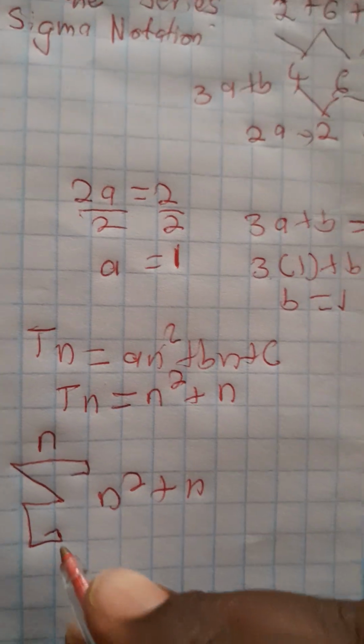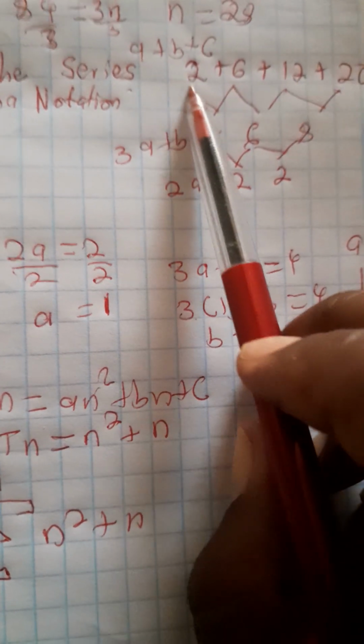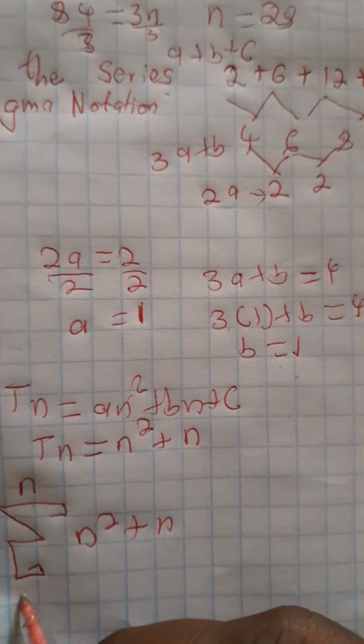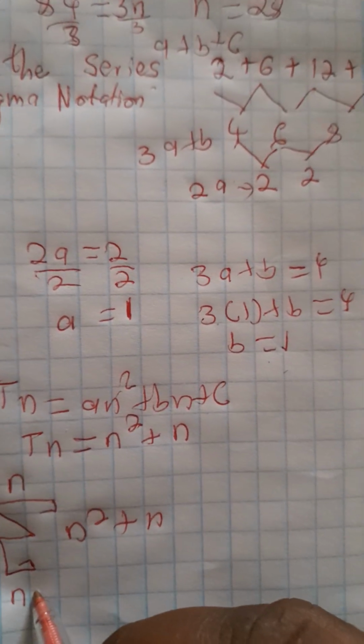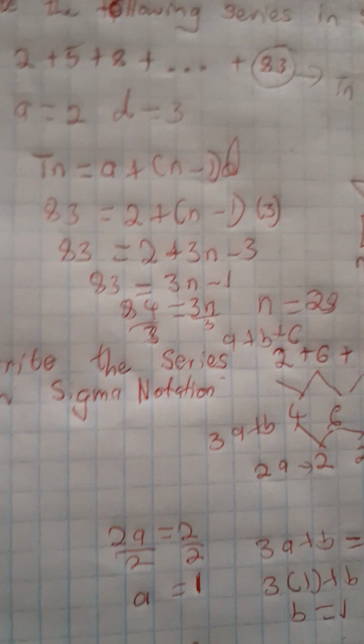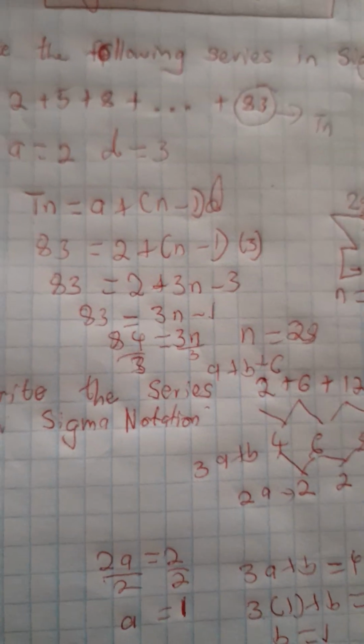Then the starting point: our series starts at term 1, so we place n equals 1 in this case. So that's how you can write a series in sigma notation.